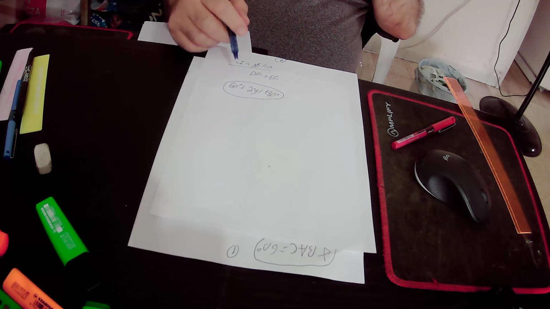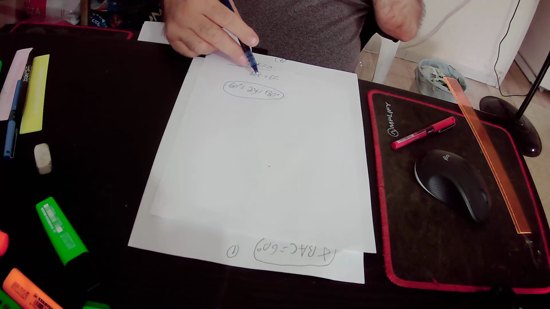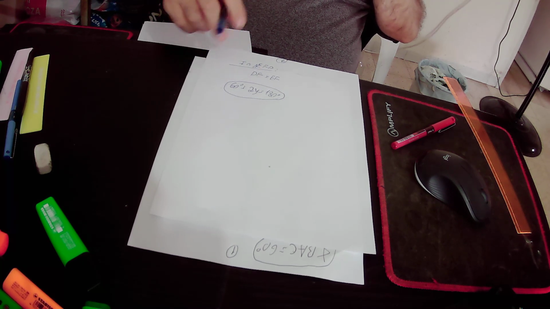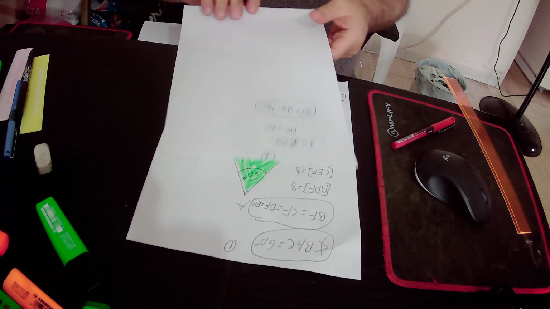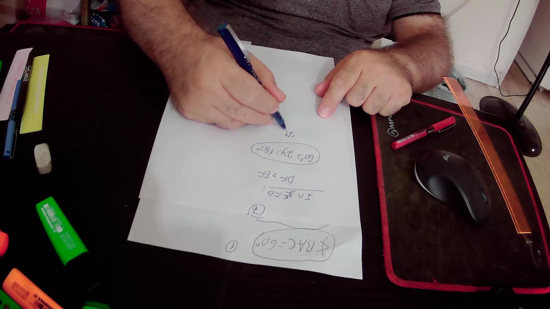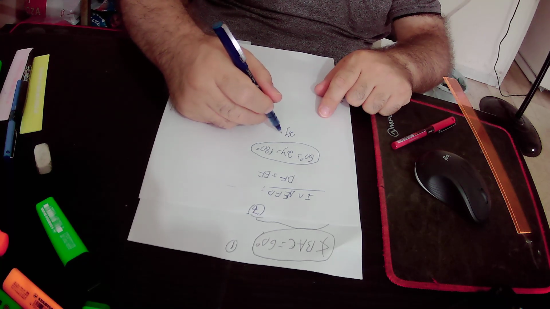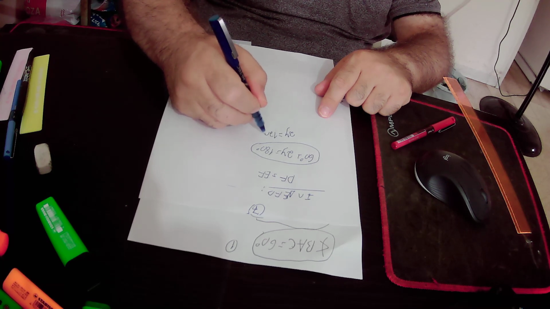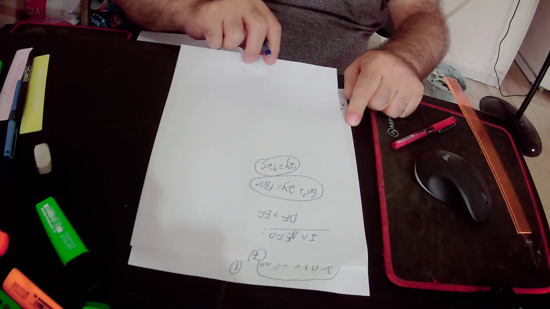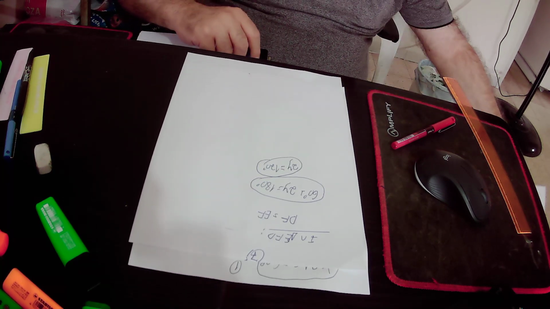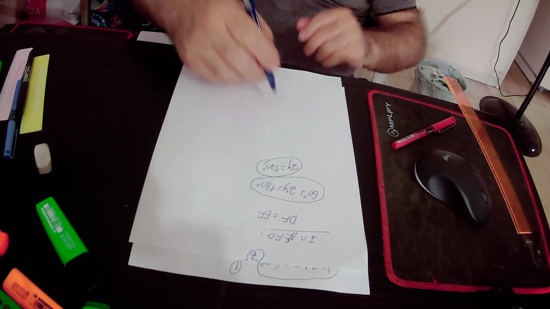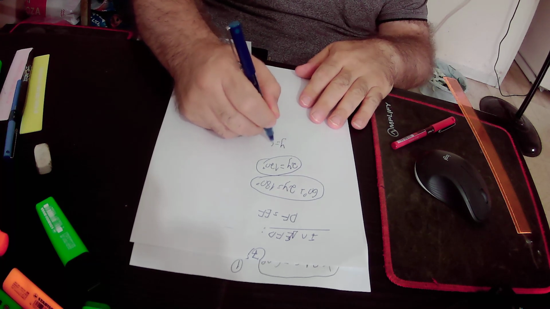That is to say, 60 degrees plus 2y equals 180 degrees. Here we will subtract 60 degrees from this equality, and we will get that 2y equals 180 degrees minus 60 degrees, which is 120 degrees. Here we will divide this equality by 2, and we will get that angle Y equals 60 degrees.